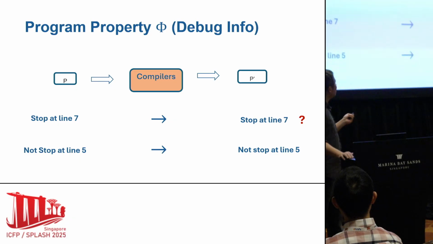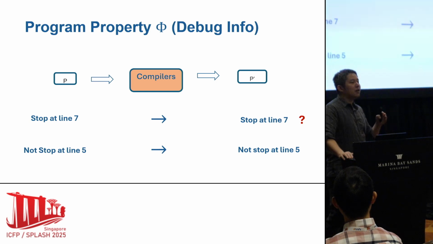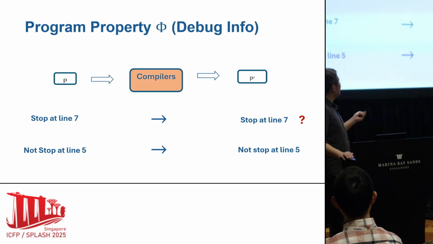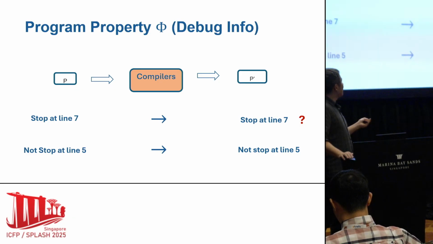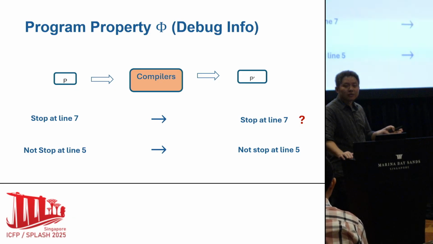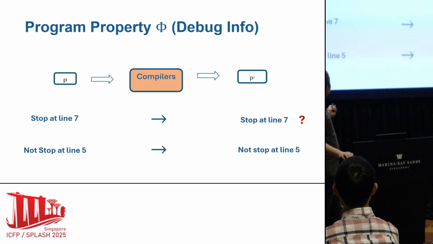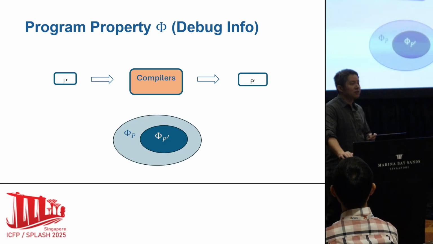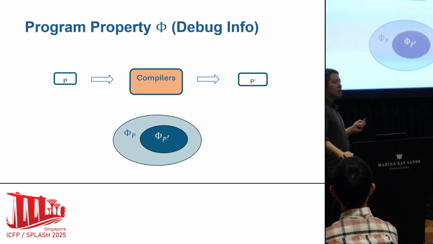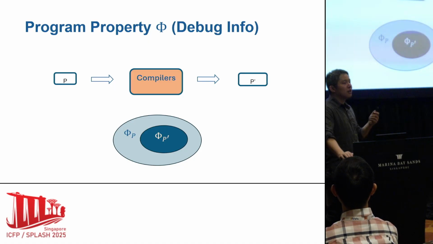This situation is slightly different from the first case, right? When you stop at the original P, it might or might not be the case that you can stop at the same line. But if you cannot stop at a certain line, in this case line 5, you definitely cannot stop at line 5 in your optimized code. Okay? So by combining this, we can see that the debug location property of your optimized code is a subset of the debug location property of your unoptimized code.